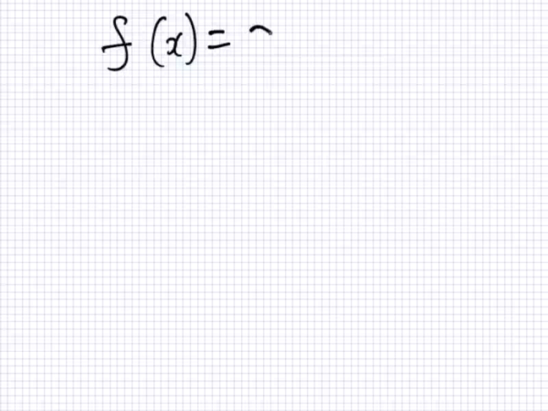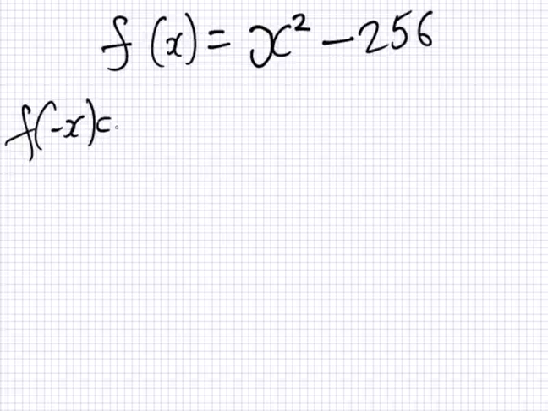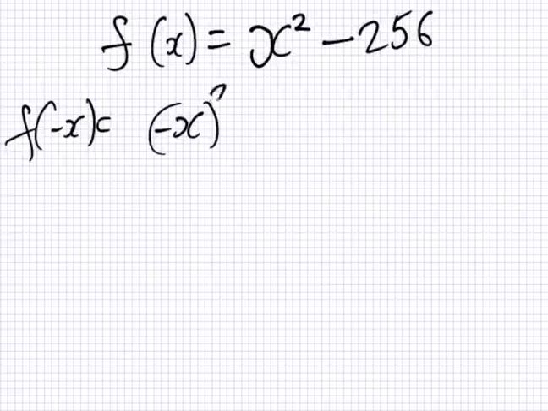So this equals minus x cubed. Or if you want to be extra clear, it equals minus bracket x cubed. But what's that? Well, that's equal to minus f of x. So therefore, f of minus x equals minus f of x, and we call this function odd.